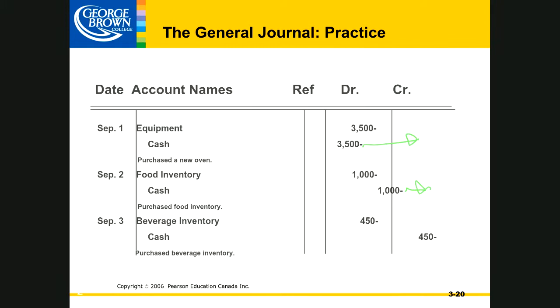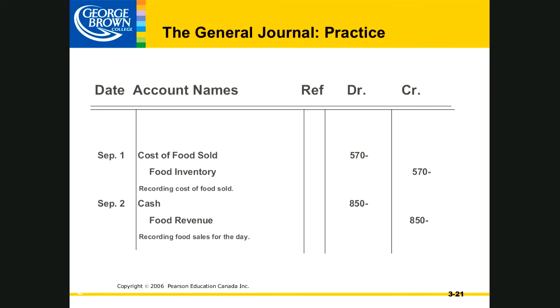It shows you how I've organized these transactions, or how I've recorded these transactions, by using the accounts that were identified and using the debit and credit rules. So here's the last two. There was cost of food. Food inventory was decreasing. And then our revenue.